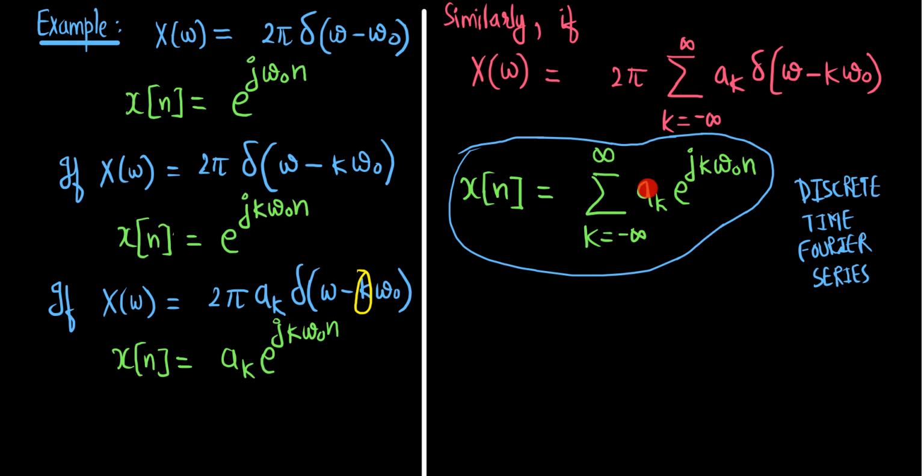And these a_k are nothing but the Fourier series coefficients that we can consider, of this x of n.